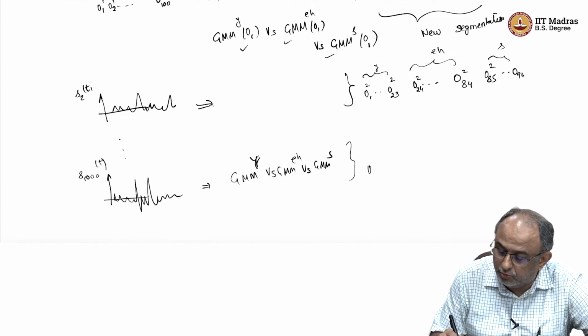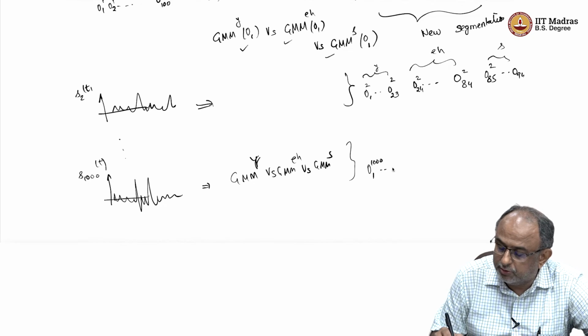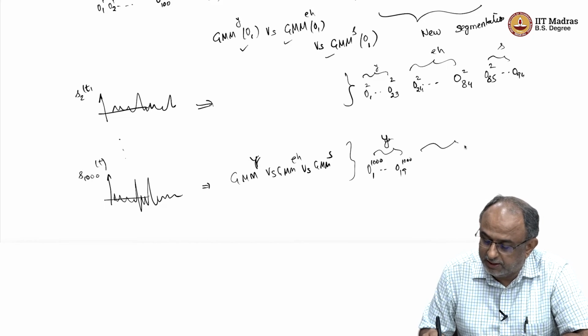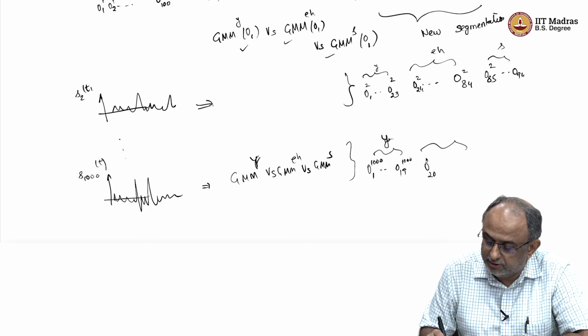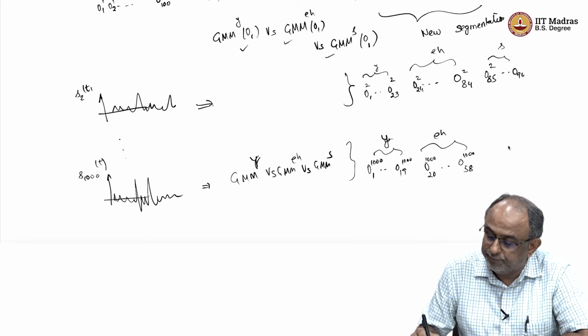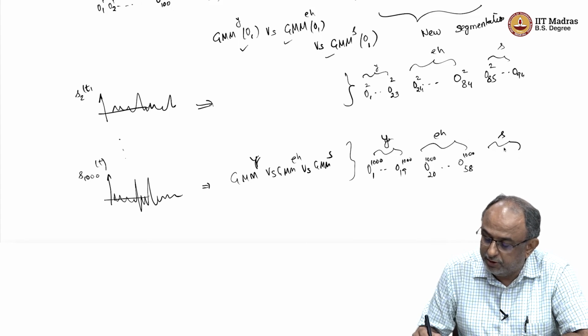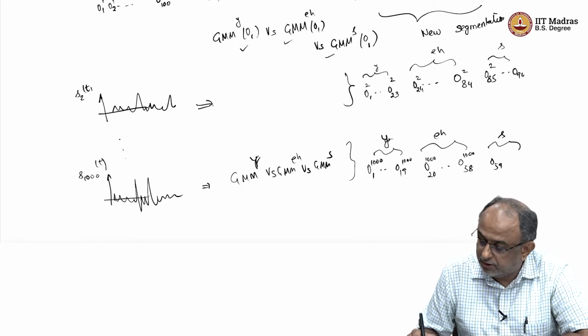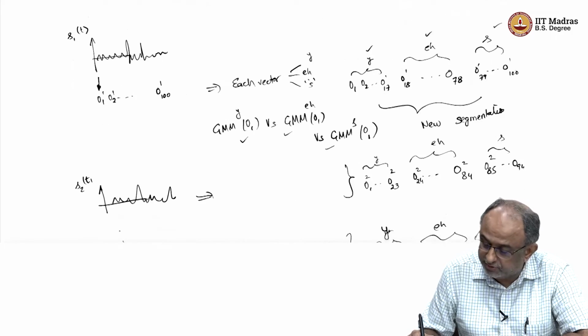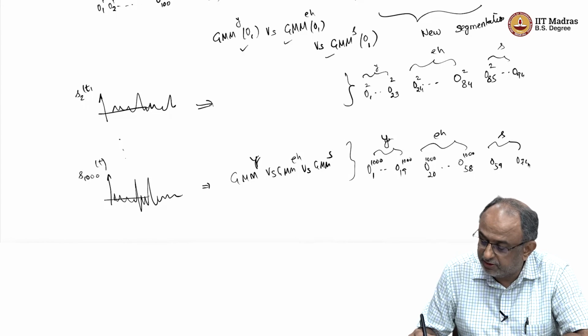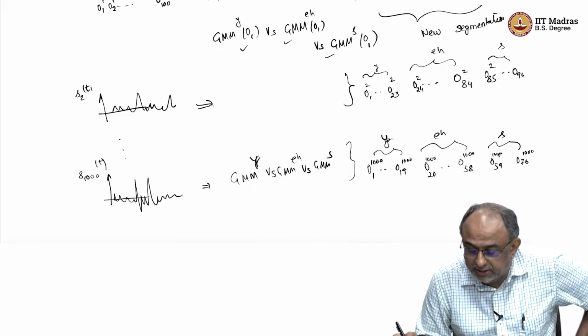So maybe O1 to about O19 for the 1000th one belongs to Y, and then A belongs from O20 to O58, and then S belongs from O59 to O76 for the 1000th frame. So now this is a segmentation.